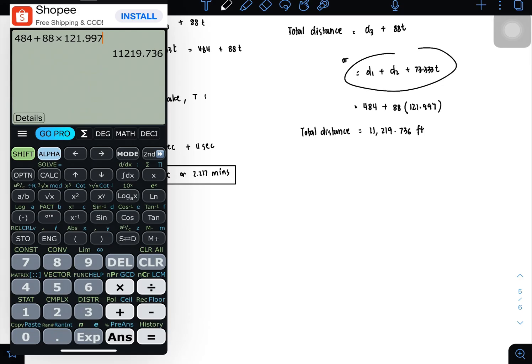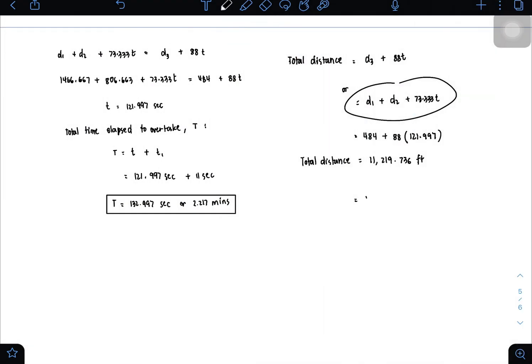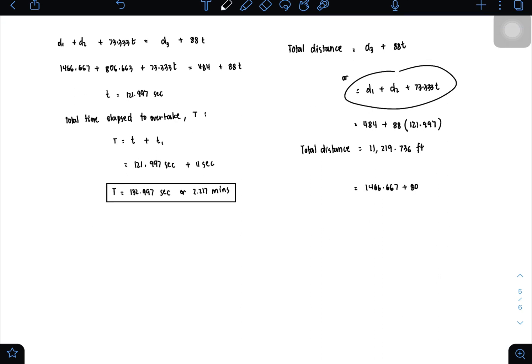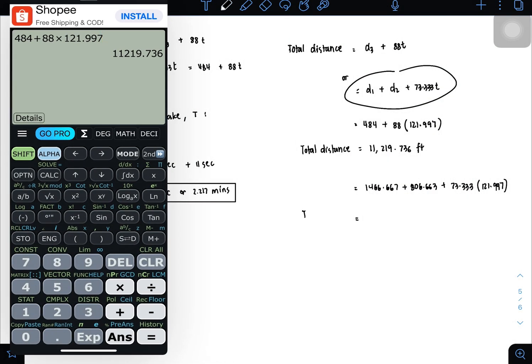Then D1, how much is D1? 1466.667 plus D2 806.663, then plus 73.333 times the time 121.997.